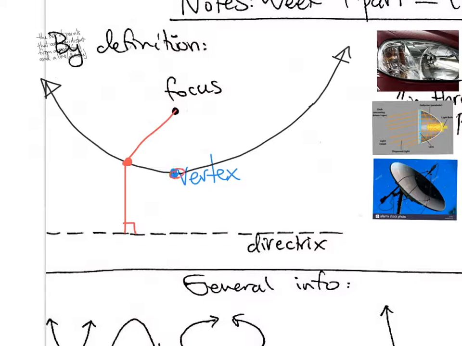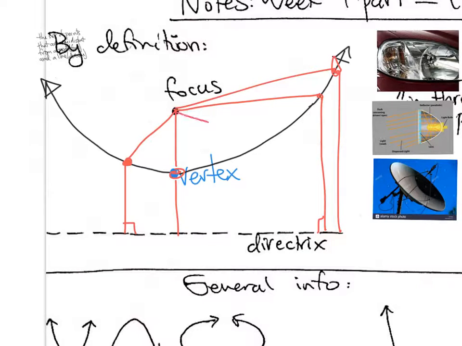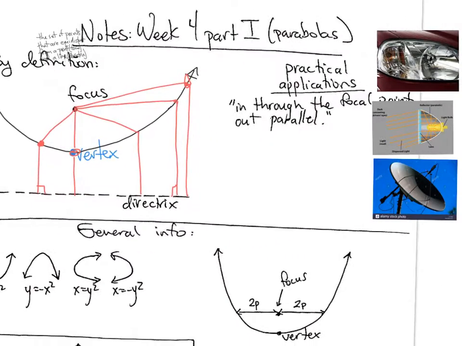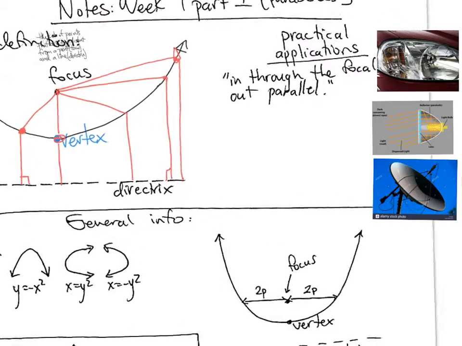At the vertex of the parabola, those two distances look the same, and even if we pick something way out here, those two distances look the same, based on my artistic license. So every point on the parabola, the distance from here to here is the same as from here to here, etc.